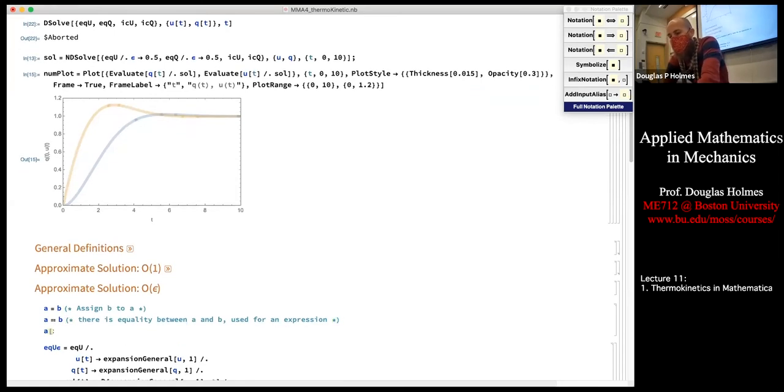A is a function of x, x squared, is, how do I want to say this? It's kind of like assign the left-hand side to the right-hand side, but don't evaluate this expression.